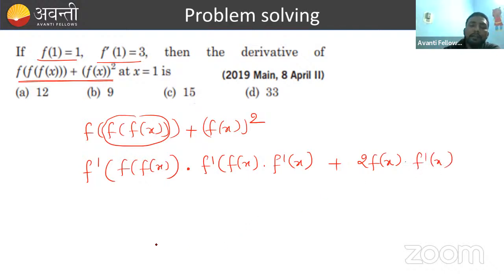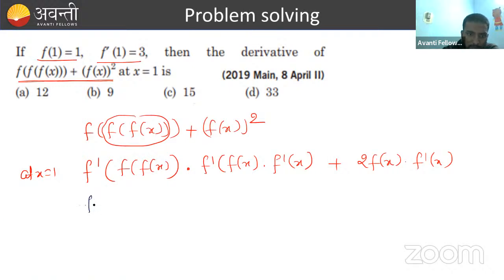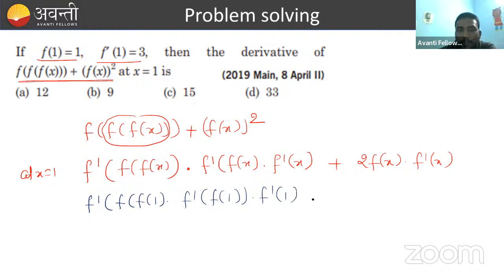And at what point are they asking? At x is equal to 1. So just start putting x is equal to 1. So this is f dash of f of 1, f dash of f of 1, into f dash 1, and then 2 into f of 1 into f dash 1.